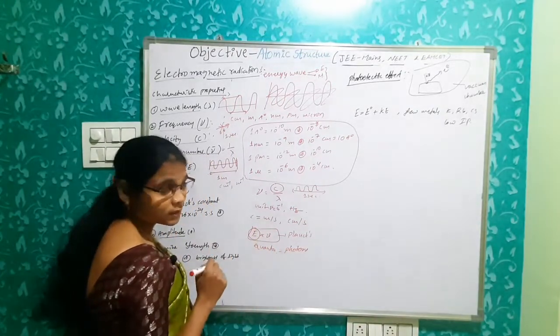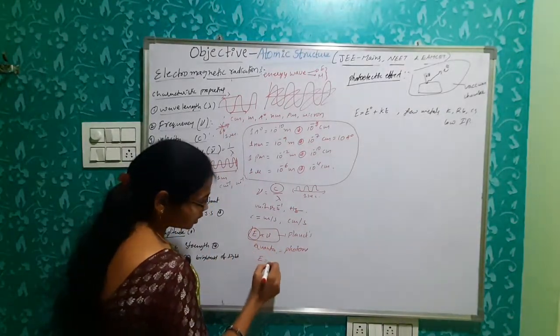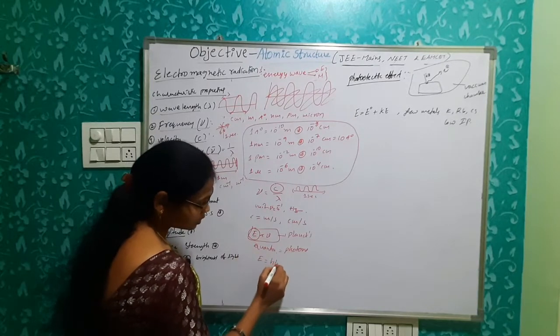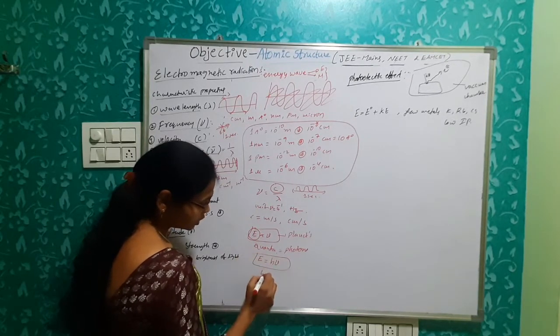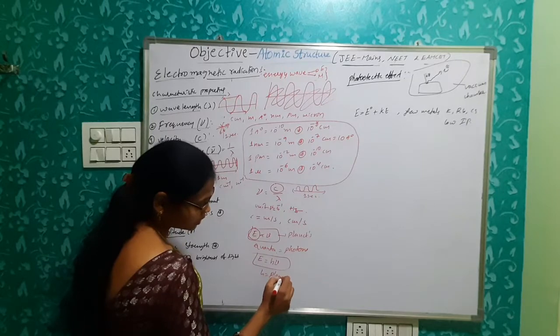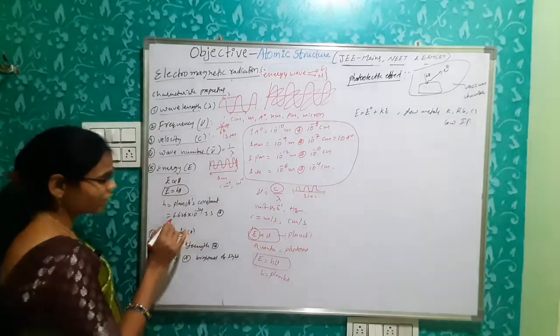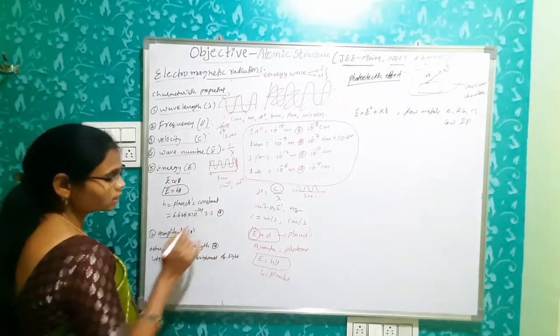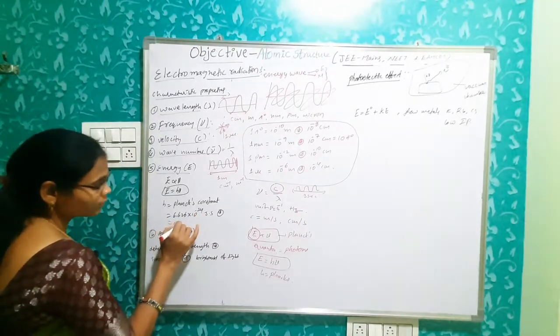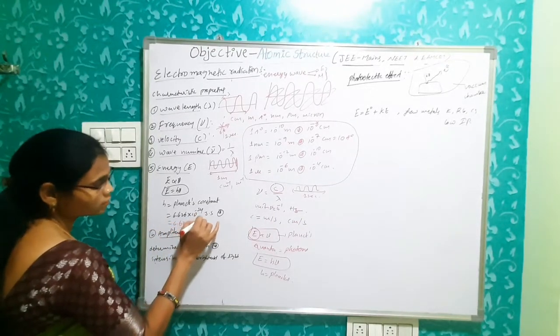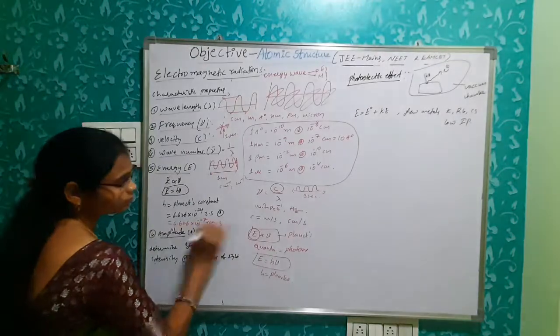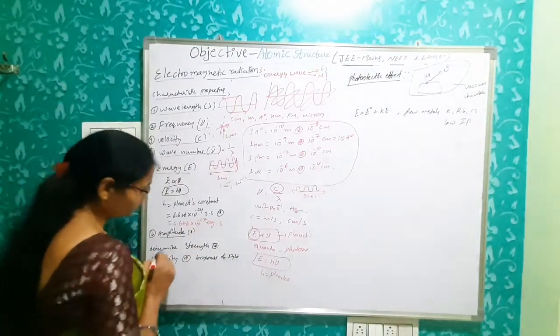Photons, not protons. So the proportionality constant is h. So h is equal to Planck's constant. This Planck constant value is 6.626 into 10 power minus 34 joule second or 6.626 into 10 power minus 27 erg second. Clear?